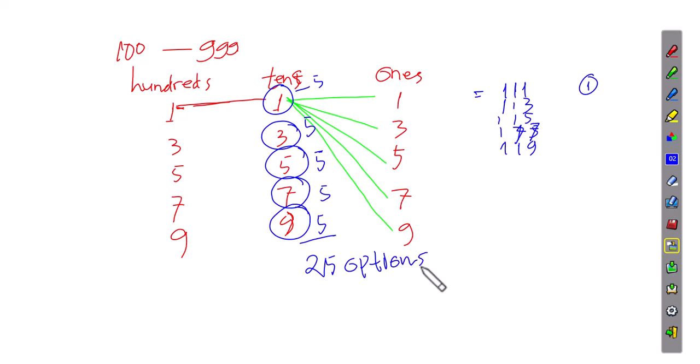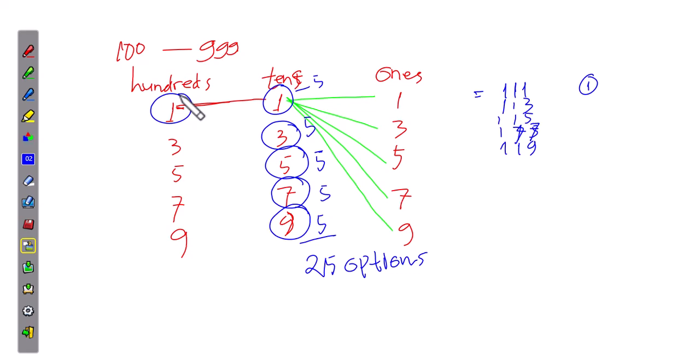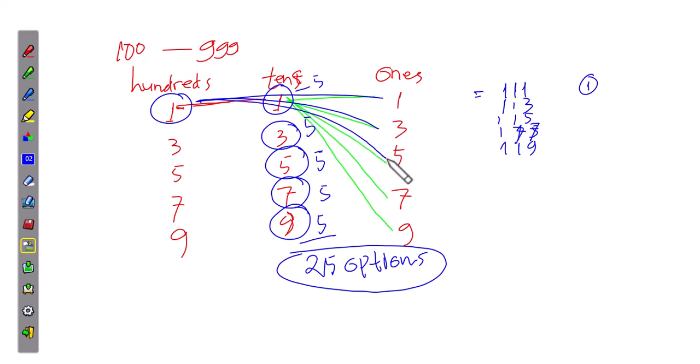For the 100s, we will have 25 options. It can be 111, 113, 115, just like what I said before. This is only for the 100s, 25 options.